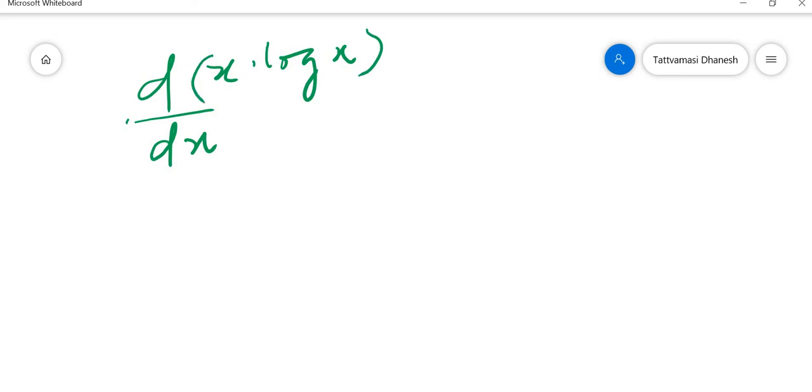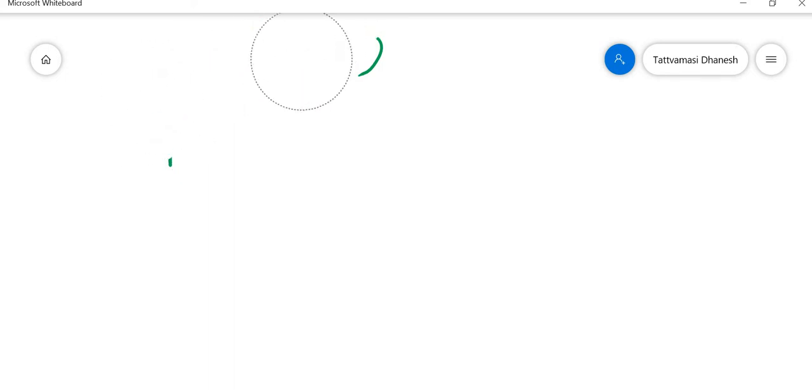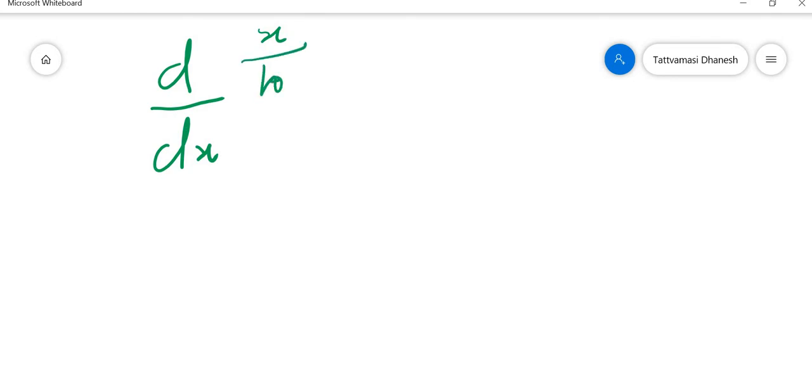So sorry, I will tell you correctly. The question is d by dx of x divided by log x.